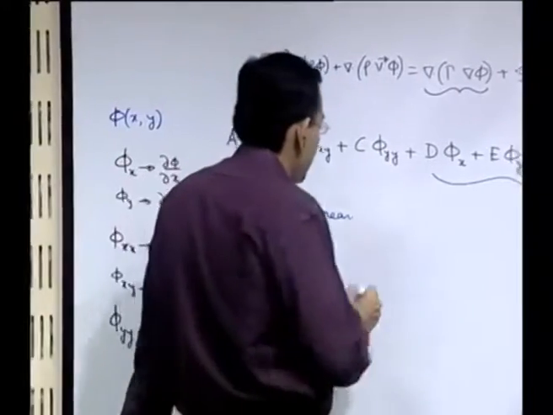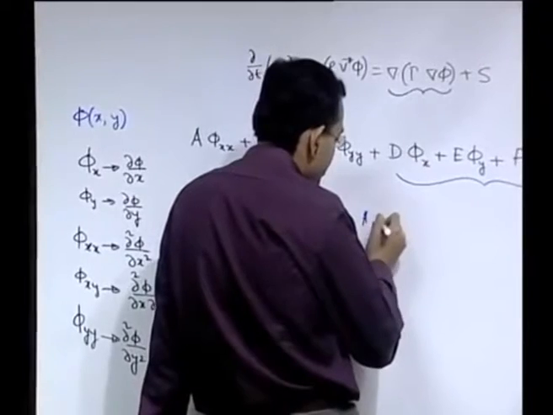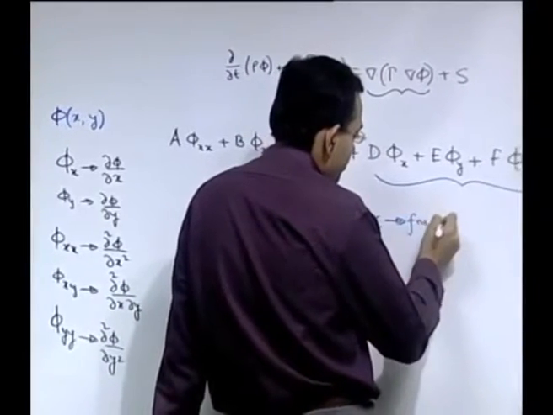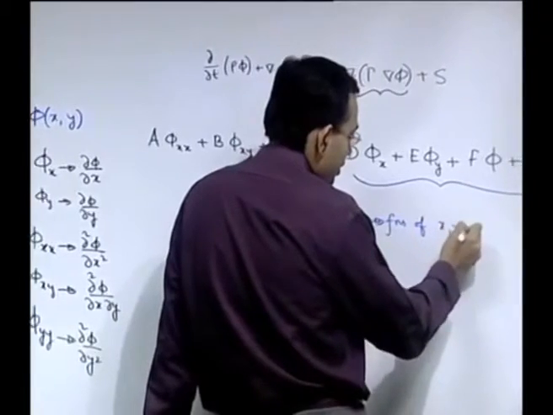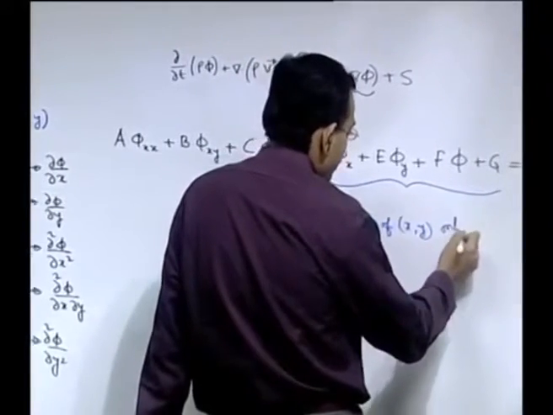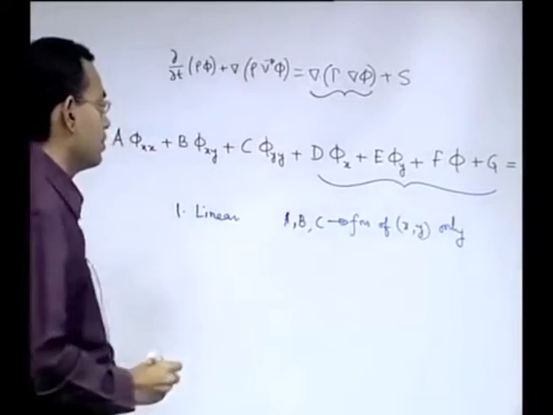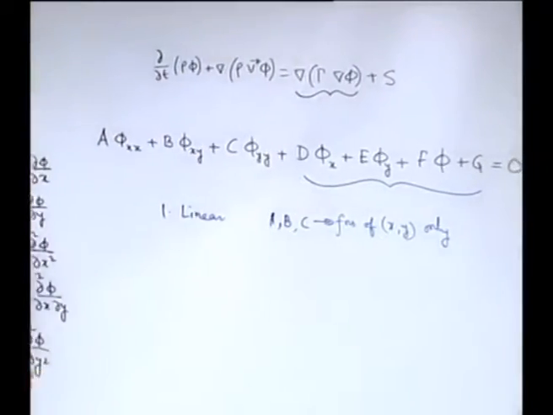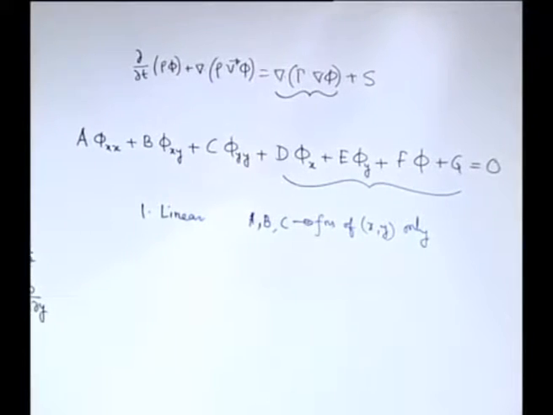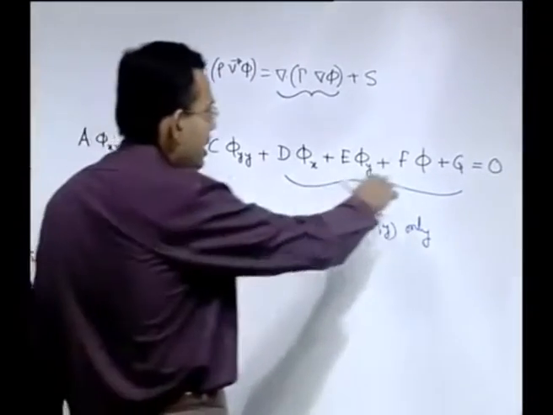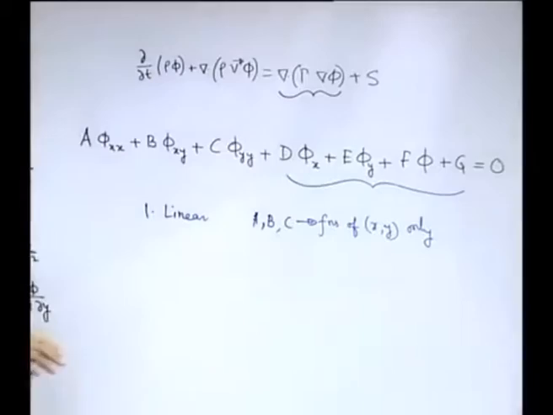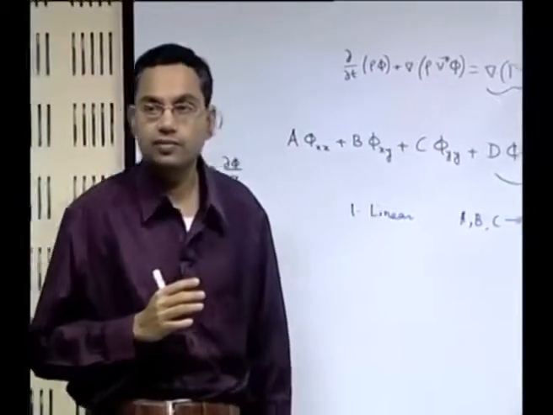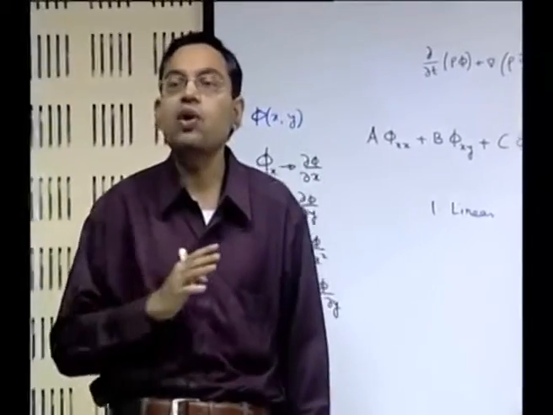You have A, B, C, these are functions of x, y only. And the remaining terms which are there, these are supposed to be linear functions of phi, phi x, phi y, like that. So there is no non-linearity involved.